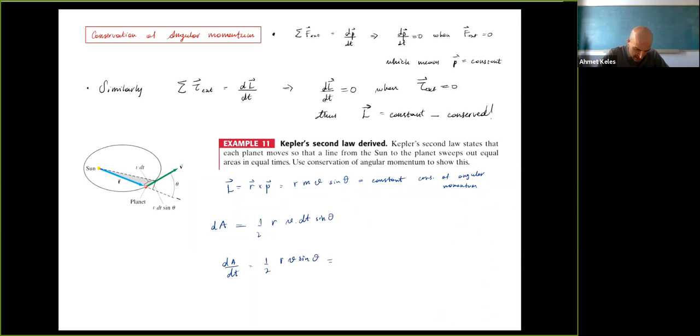But using the result I just found, this is L over 2m. Since L is constant, L over 2m is also constant. So we proved what we wanted.